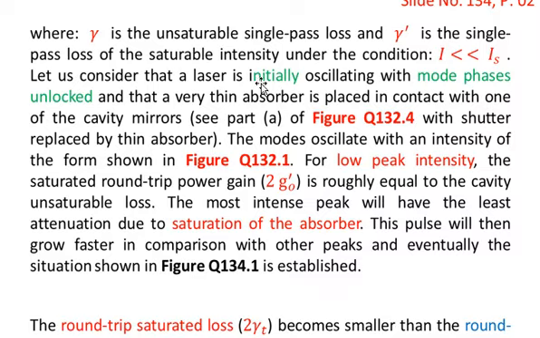So let us consider that a laser is initially oscillating with the modes unlocked, and that a very thin absorber is placed in contact with one of the cavity mirrors, which I have shown you in appendix number 2, the figure 132.4 reproduced there. Initially the laser was unmode locked, presented in appendix number 1. So this figure 132.1 was reproduced in appendix number 1.